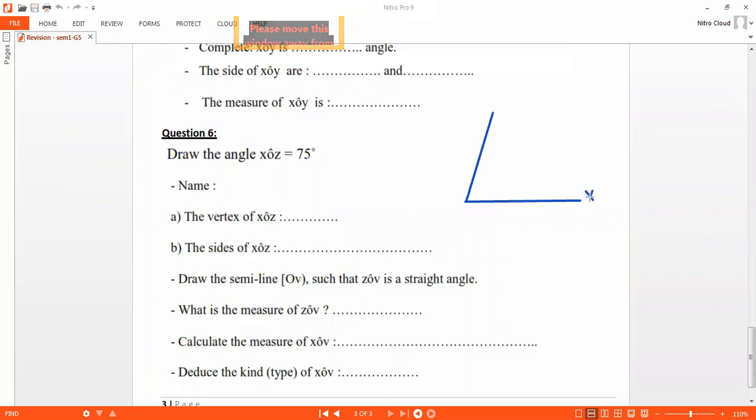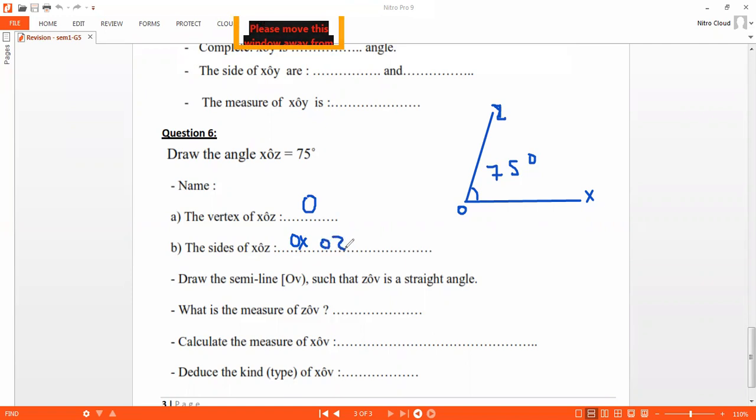This is X, this is O, and this is Y, and it's 75 degrees. Now, what's the vertex of XOZ? It's O. What are the sides of XOZ? They are OX and OZ.